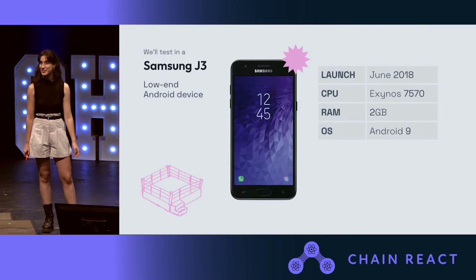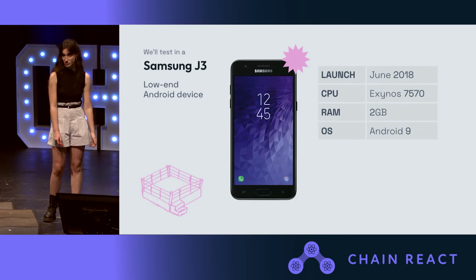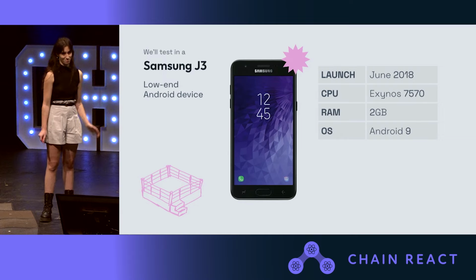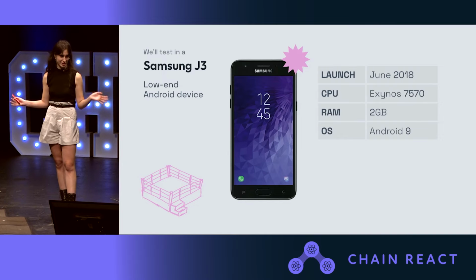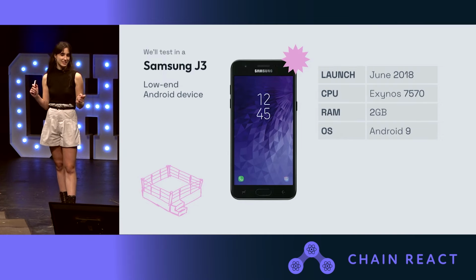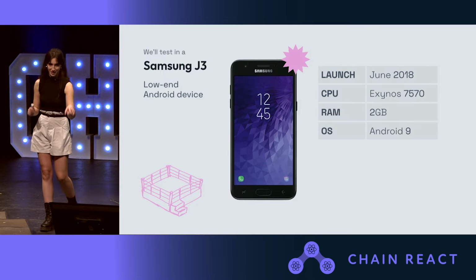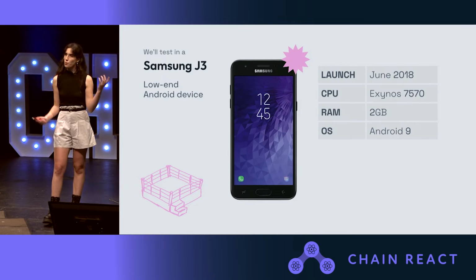But it is a pretty bad low-end Android device that came out in 2018. So you can imagine how bad it is. And that's going to be our ring, right, for the fight. And why?